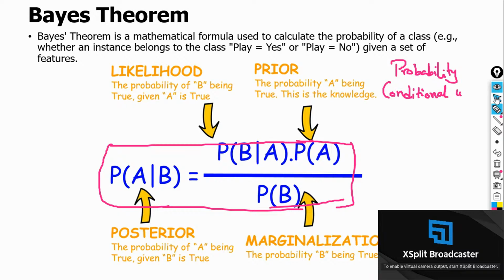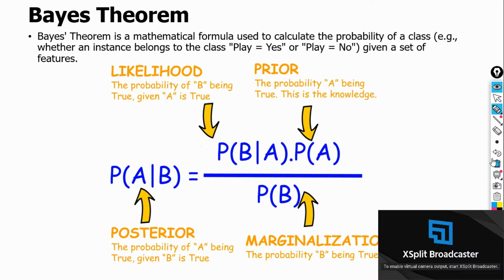So, what is the formula for conditional probability?